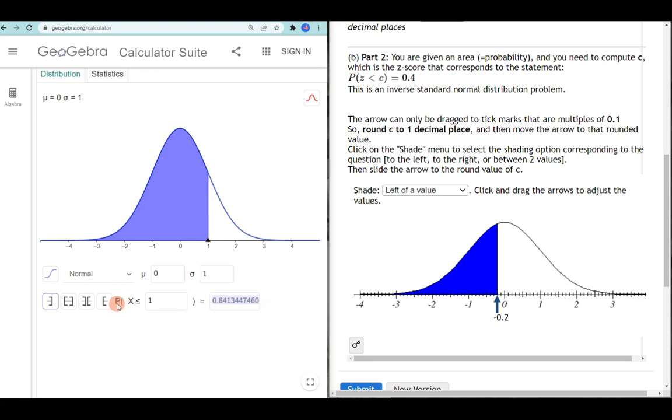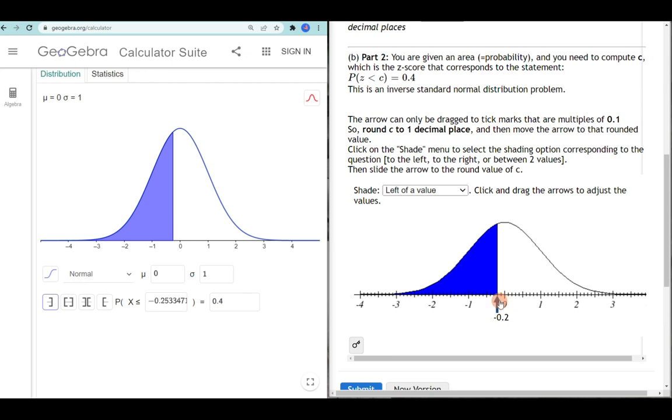The P is telling us the computation. This is my z-score. Outside the equal sign is my probability. And I'm going to delete the information that's there and type in 0.4. And there we go. Here's our answer. We're going to need a z-score of negative 0.25347, etc. That would ensure that the area would be exactly 0.4.